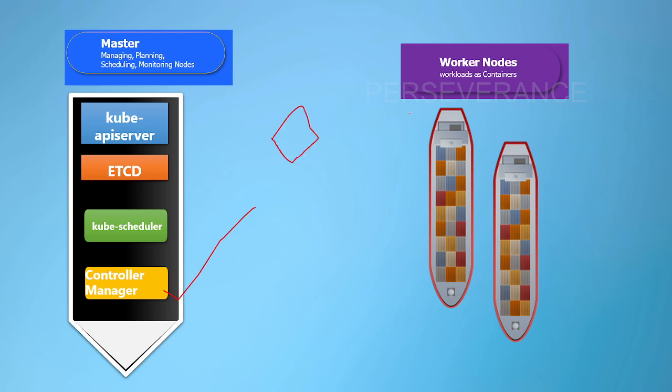To manage worker nodes, we have something like a node controller. To manage other objects, we have other controllers. All controllers will be available here. Those controllers take care of the wellness of the respective objects, whether they are performing well, and if some issues are encountered, what actions are to be taken. It takes the decision and then directs it.